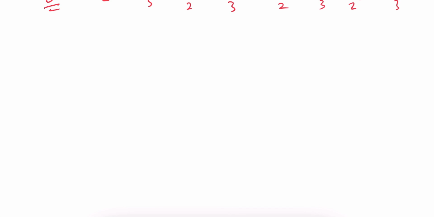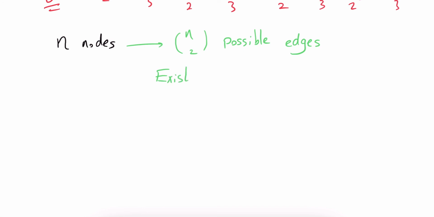So, based on the previous question, if we have n nodes, this gives us n choose 2 possible edges. Each of these edges either exists or does not exist. Therefore, there are two choices for each edge.